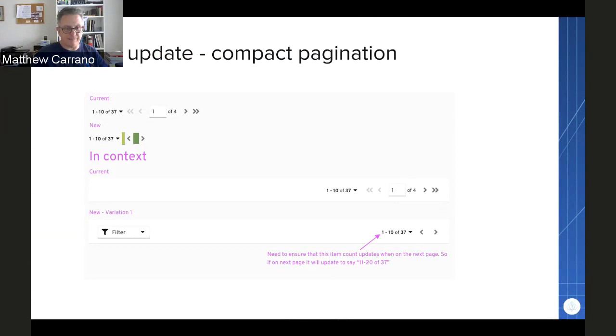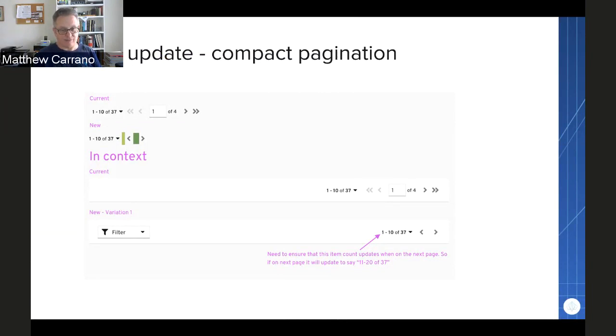Yeah, so this is a pretty straightforward, but I think very helpful update that we made. You'll see where it says current version of pagination, which is our current pagination component that's supported in the library.